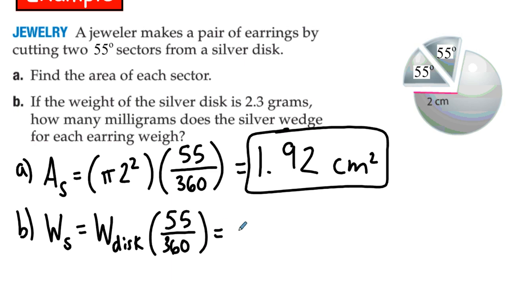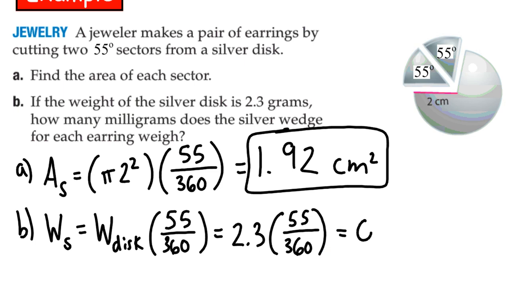We know the weight of the entire disc is 2.3, so this would be 2.3 times 55 out of 360, because the entire thing weighs 2.3, and we are 55 of the 360 degrees of the entire thing.